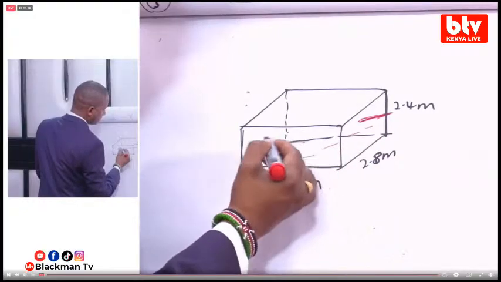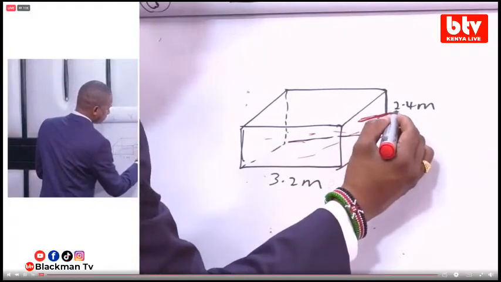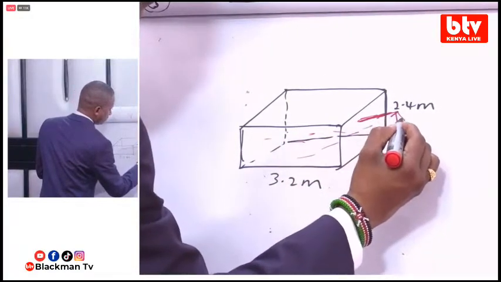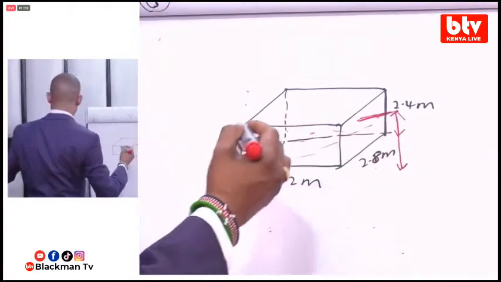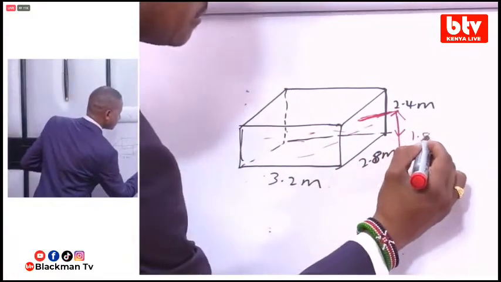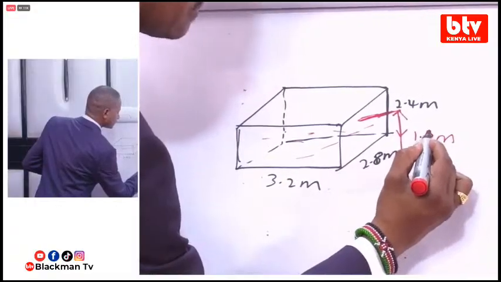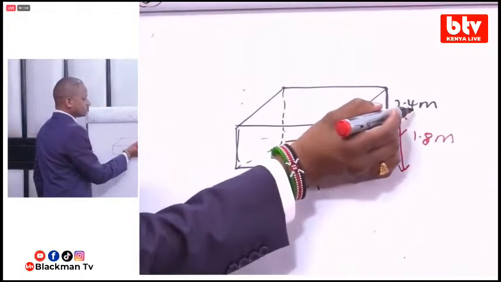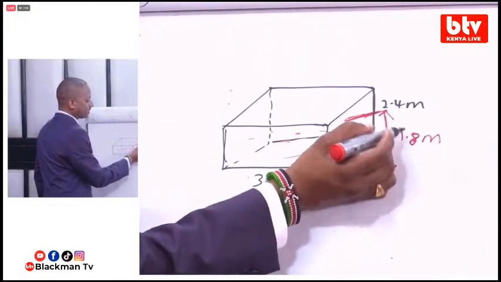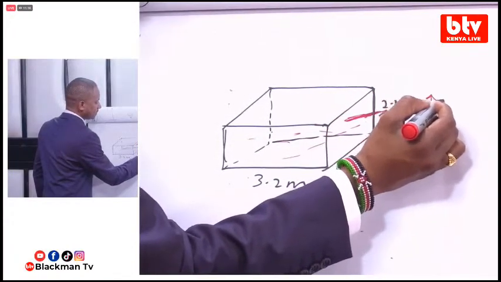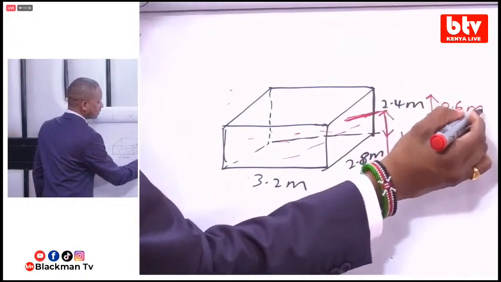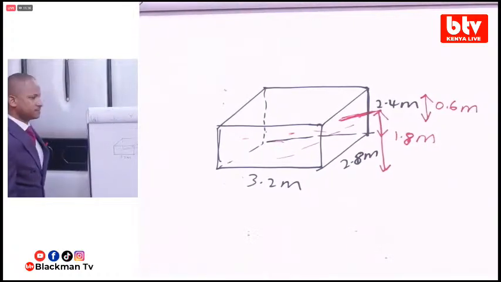So the level that is containing water is 1.8 meters, which means that 2.4 minus 1.8 is 0.6. So this height that does not contain water is 0.6.